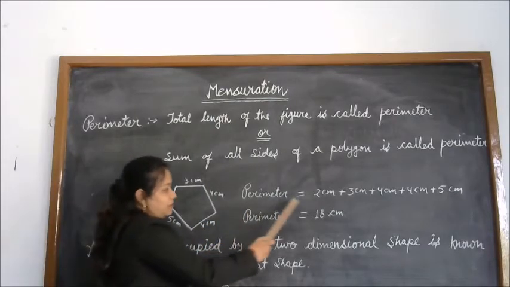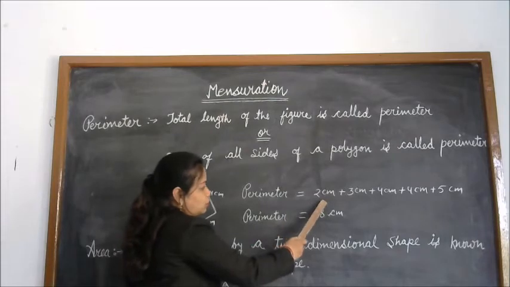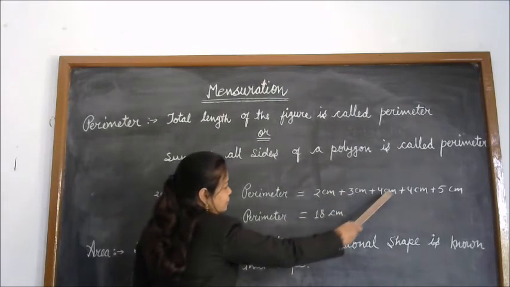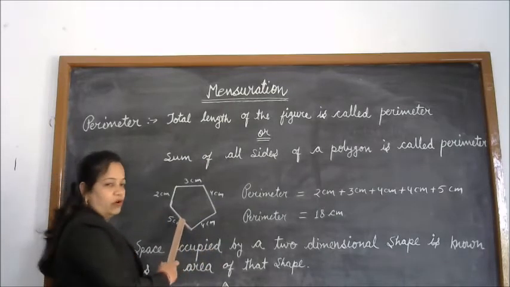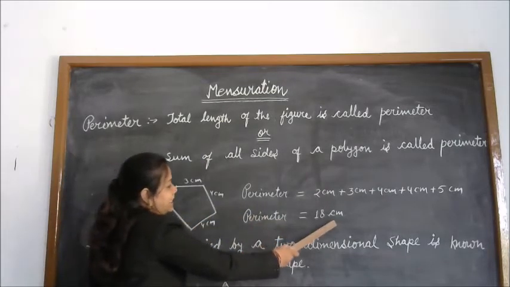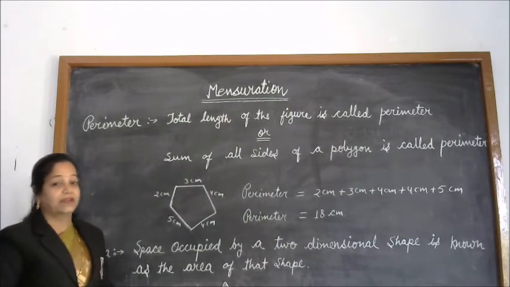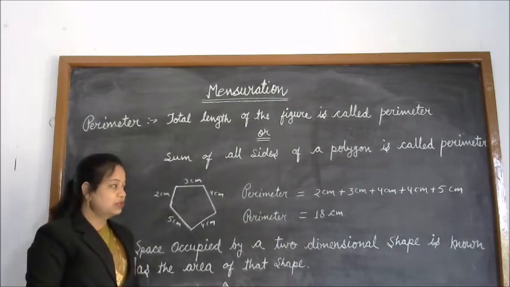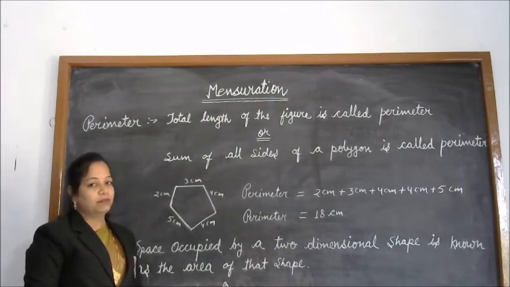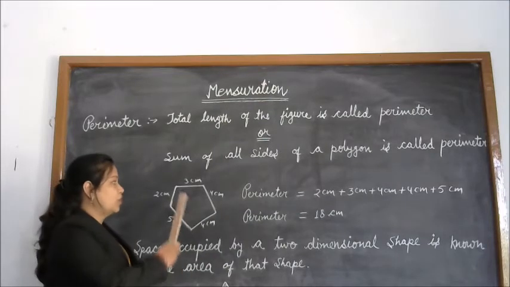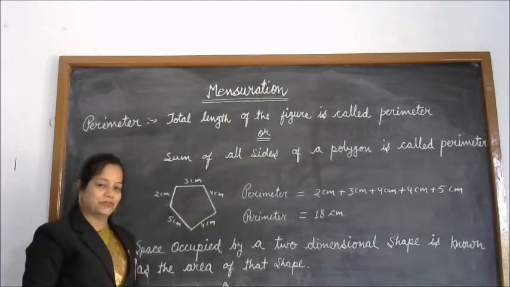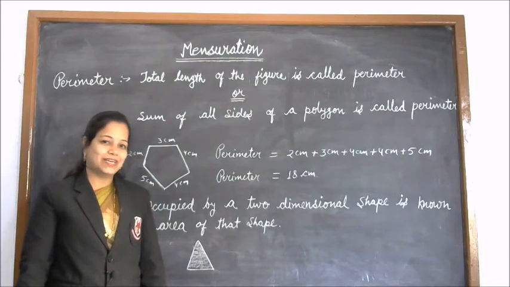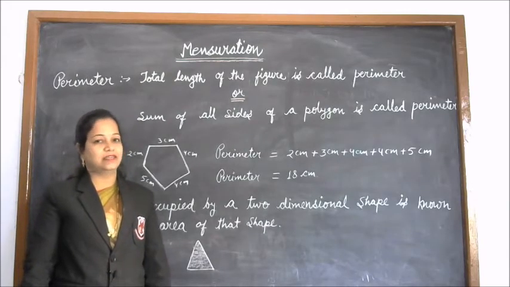So perimeter will be 2 plus 3 plus 4 plus 4 plus 5. Means perimeter of this pentagon will be 18 centimeter. And remember students, unit of perimeter will be the same as the unit of length of sides of the particular figure. Now we will understand what is area.